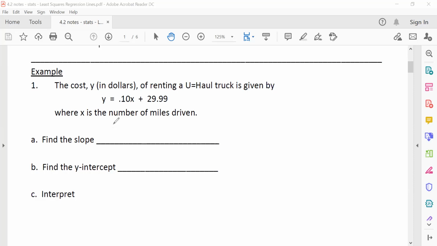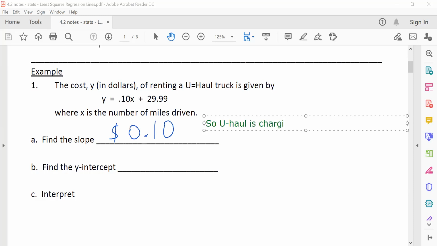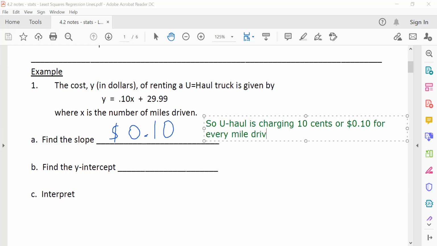So the slope here, the slope of x is 0.1. We can even say it's in dollars. So really that's 10 cents. So U-Haul is charging 10 cents, or $0.1, for every mile driven.